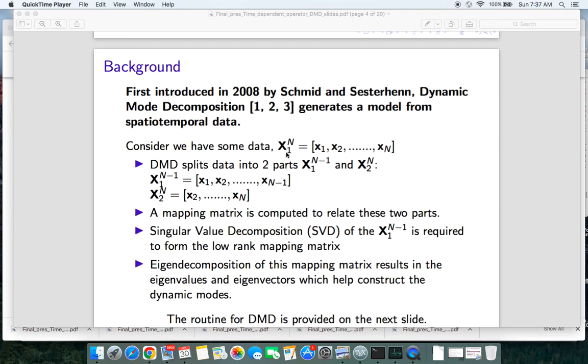So this matrix is made up of several different column vectors. Each column vector is the state vector at a particular time instant.